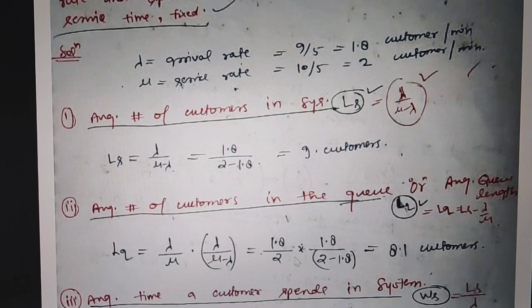It will be 1.8 divided by 2 multiplied by 1.8 upon 2 minus 1.8. It gives us 8.1 customers. Mathematically it is written as 8.1, but it is roughly 8 customers.